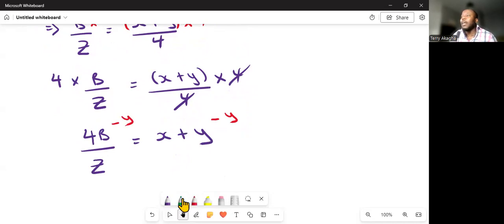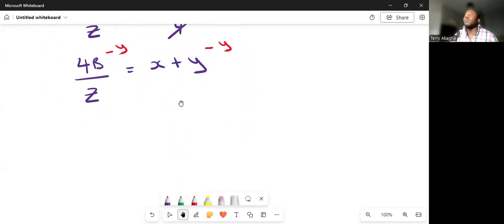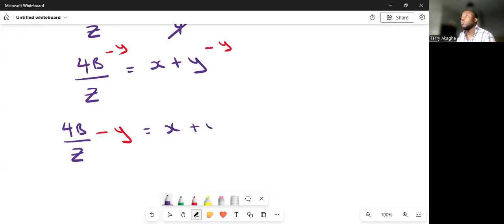So we're going to have, to get rid of the y, 4b over z minus y will be equal to x plus y. Then we'll now have minus y. So the plus will cancel the minus, okay? Plus y cancels y.